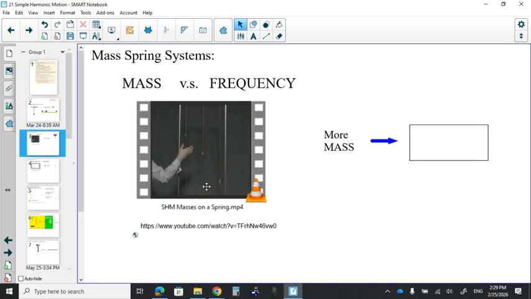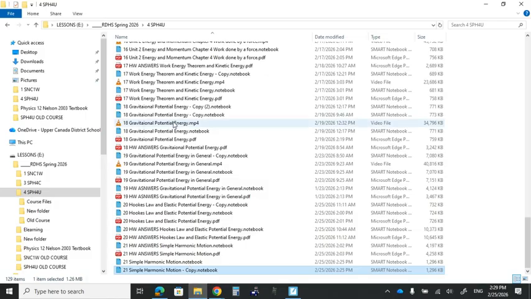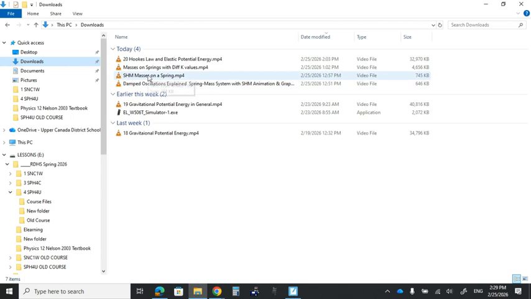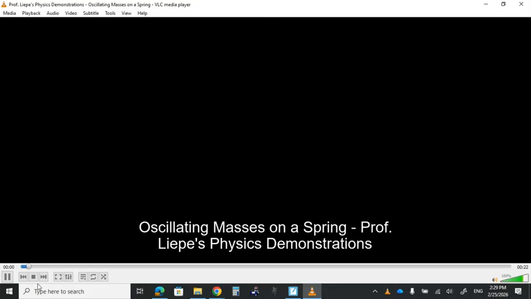So we're going to look at some characteristics of these mass spring systems and this so-called simple harmonic motion. Let's go to masses on a spring. We need volume here.